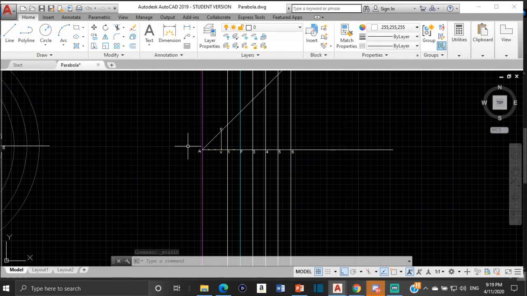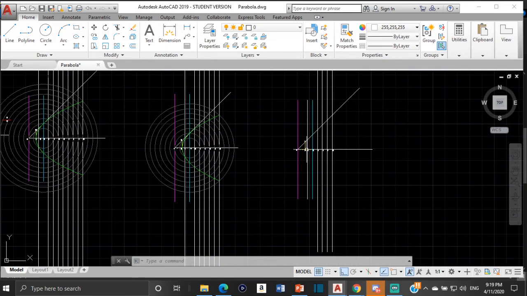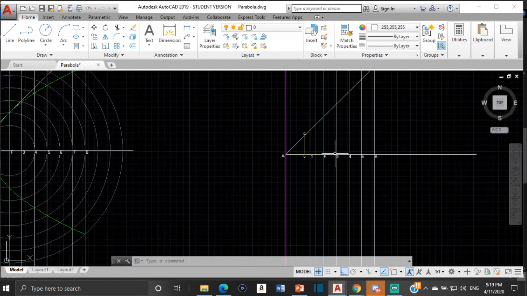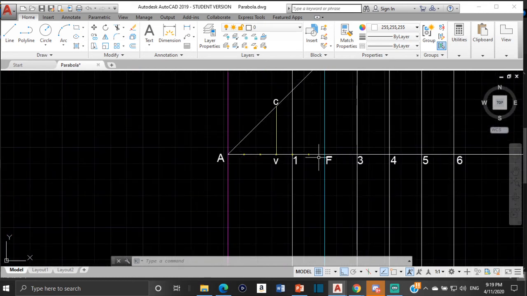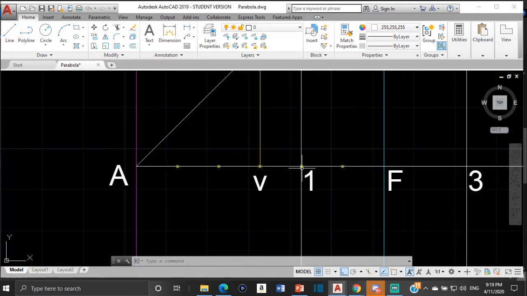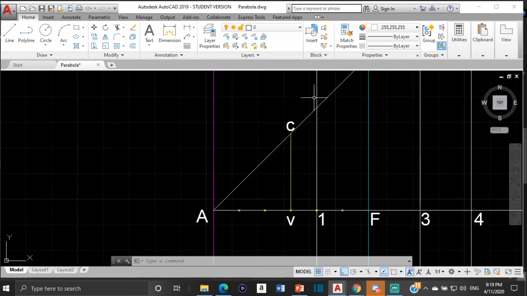Now, we're going to plot some points, and to plot those points, we're going to use these circles to help us. Now, if this was manual drawing, meaning if I was doing this on paper with a pencil and a compass, I would have my compass point here at 1, and I would open my compass to where this vertical line from 1 meets this diagonal 45-degree line.